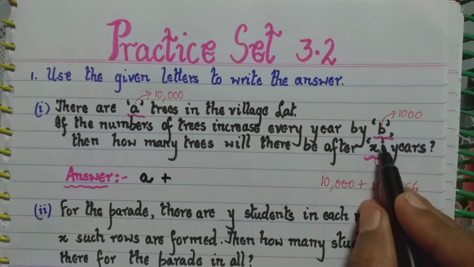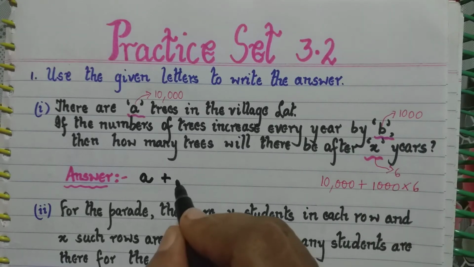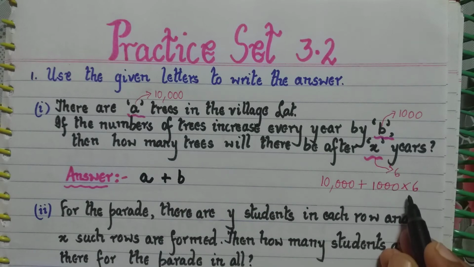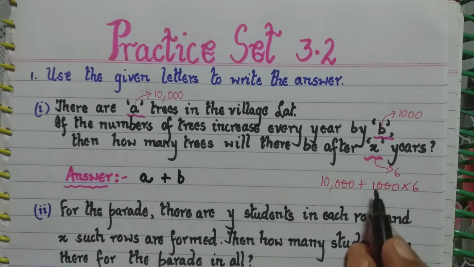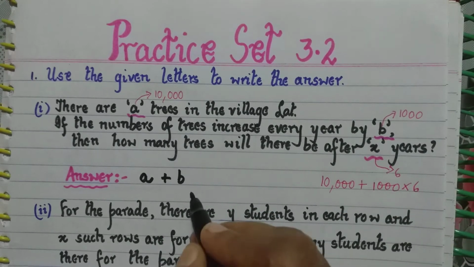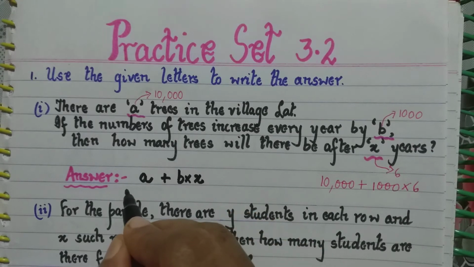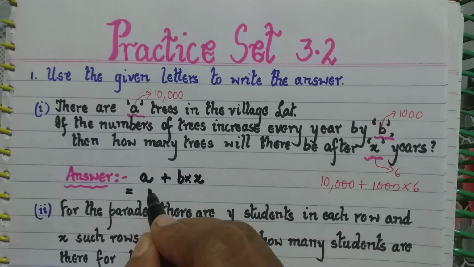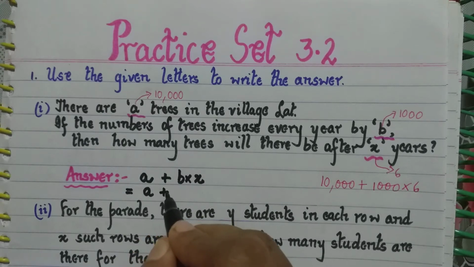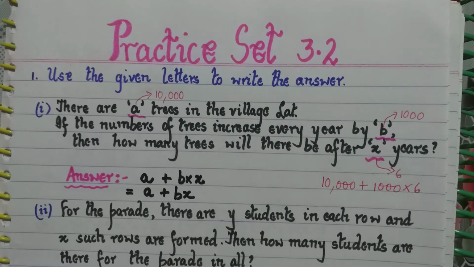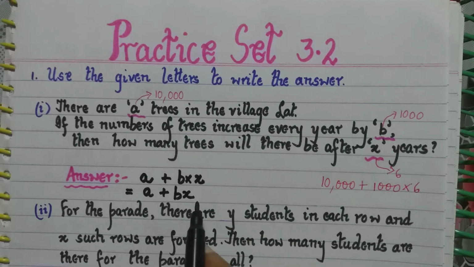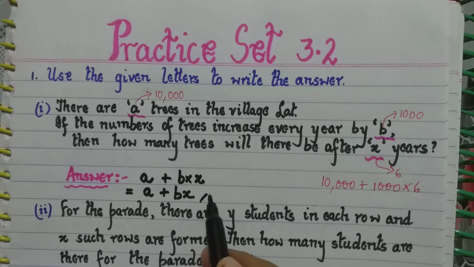In place of 1000, which is the alphabet? B. Into, in place of 6, what is the alphabet? X. So B into X, or we can write this as A plus B into X, which is BX. So this will be the answer, A plus BX.